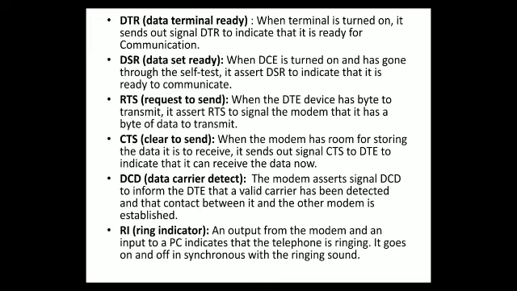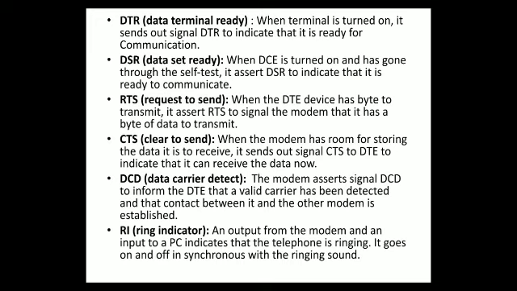Let us understand. RTS is a signal raised when a byte of data is available at the DTE. Next one, CTS. When the modem has room for storing the data it is to receive, it sends out a signal CTS to the DTE to indicate that it can receive the data now. So the DTE's job is over. It has said that data is available and it asserts RTS.